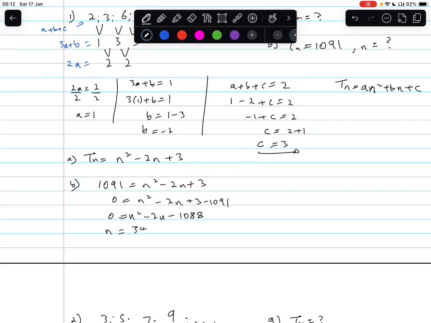So n is 34, or the other one is negative 32. Therefore, our term number is the 34th term. As you know, we cannot have negative term numbers, so we just substitute that into the quadratic formula and we get the answer. Okay, so that's it for this one.